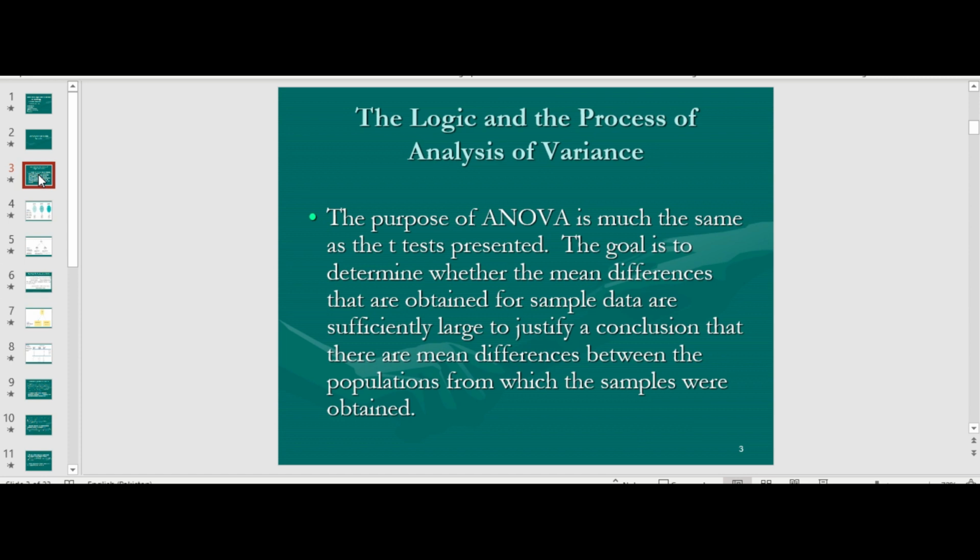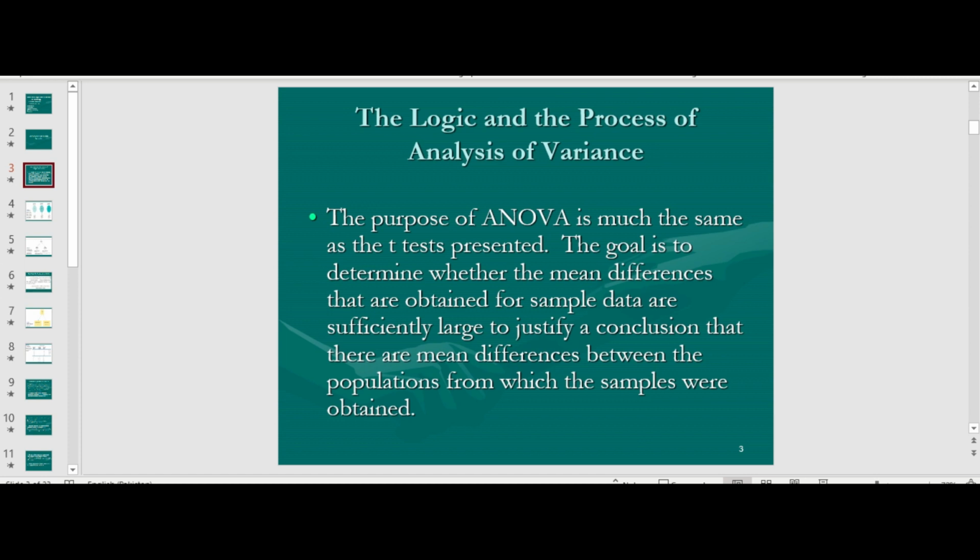So, with the quick review, the purpose of ANOVA is much the same as the t-test. The goal is to determine whether the mean differences obtained for the sample data are sufficiently large to justify a conclusion that there are mean differences between the populations from which the samples have been drawn.